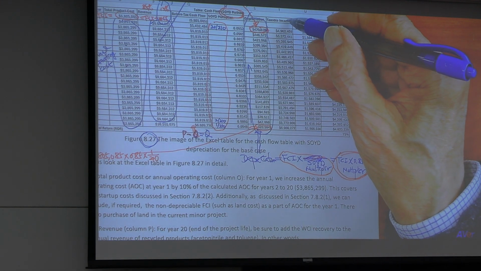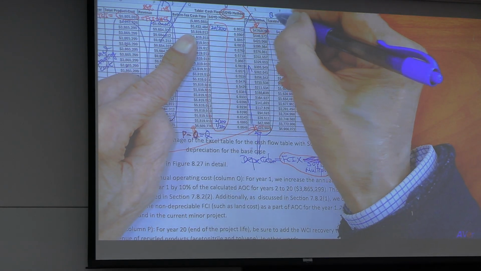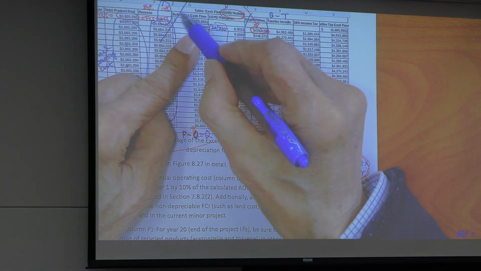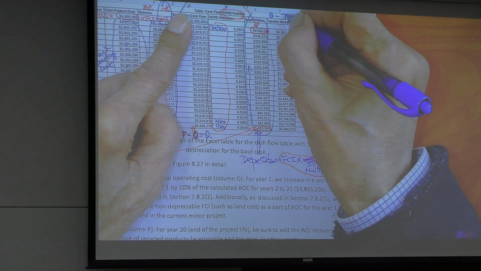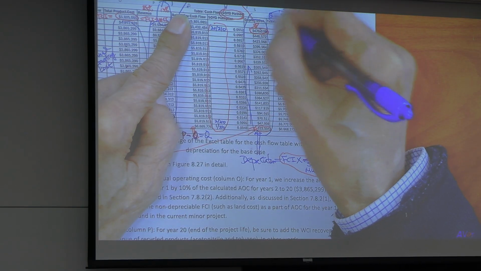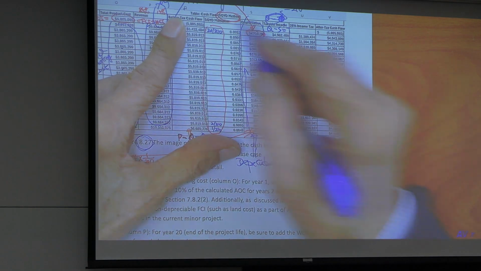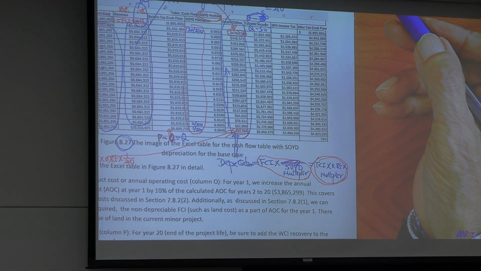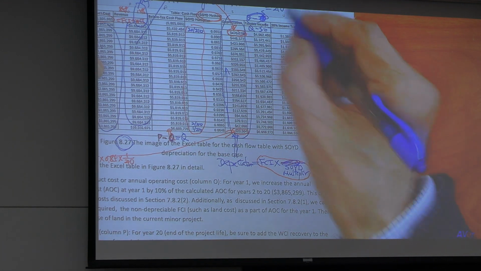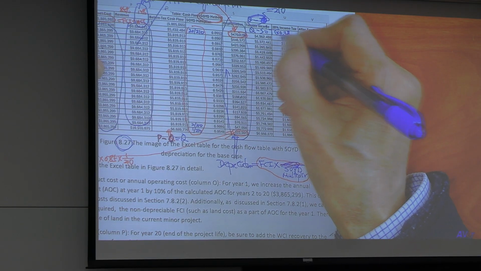Taxable income: Q minus S equals T. Right? Taxable income, multiply this by 0.28, 28%, to get income tax.